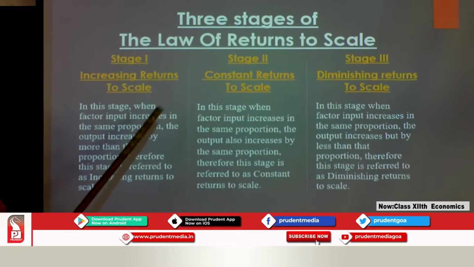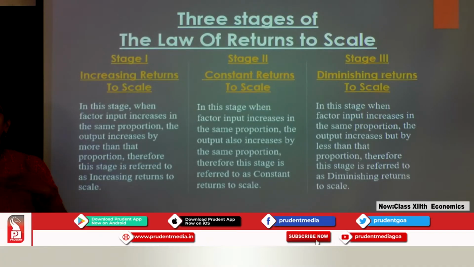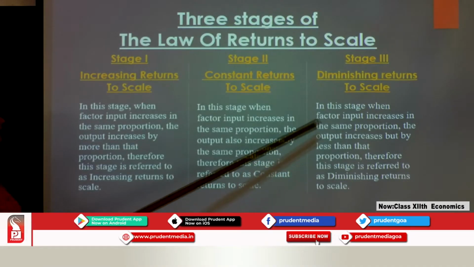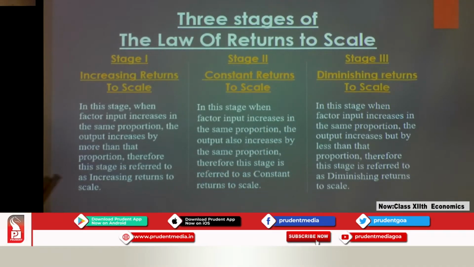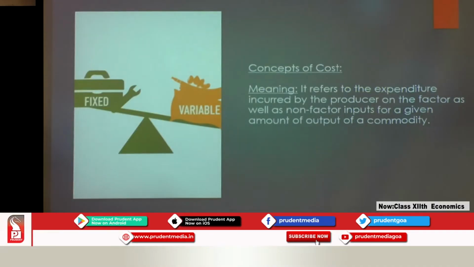So that's why it's called constant returns to scale. But in the third stage, you have put in input, but the output that you are getting is less than what you have put in. So that's why it is called diminishing returns to scale. So these are the three stages that we have to focus on, mainly from the examination point of view.